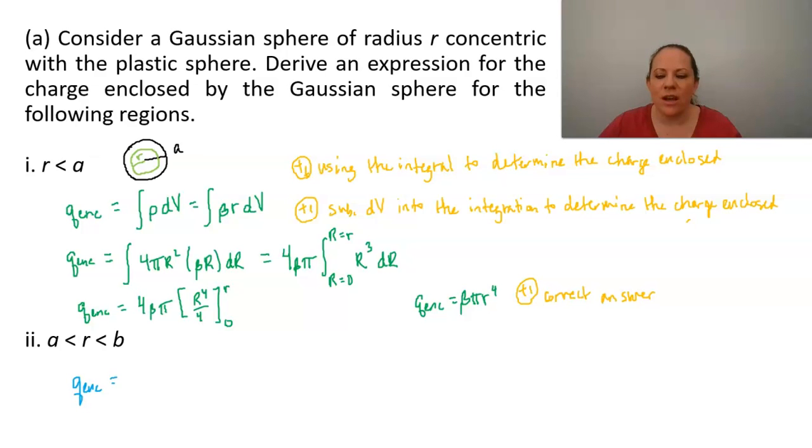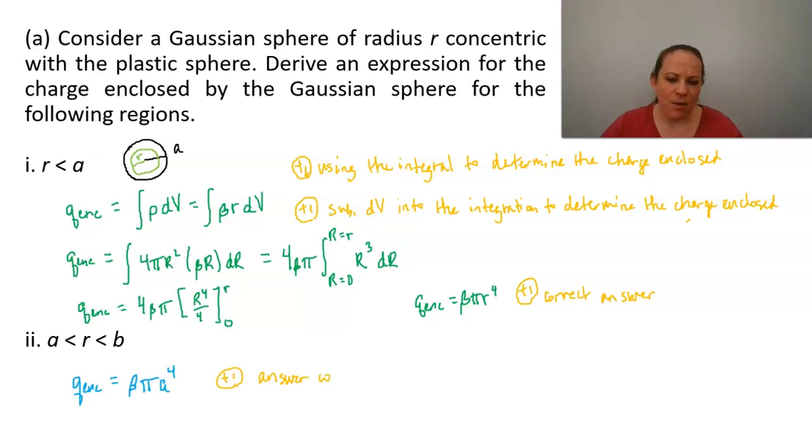The charge enclosed is just from the charge on the sphere, so beta pi A, the radius of the sphere, to the 4th. And we're going to get a point here for an answer consistent with A part 1.